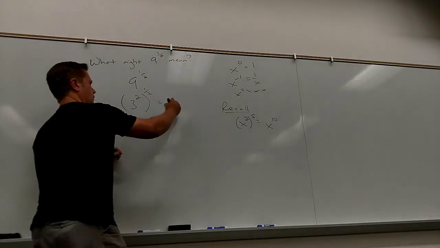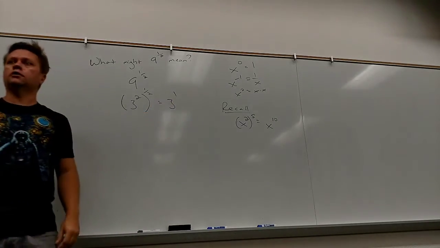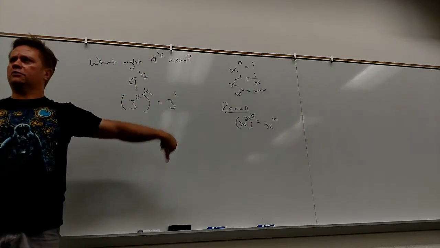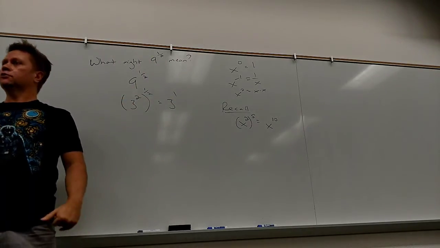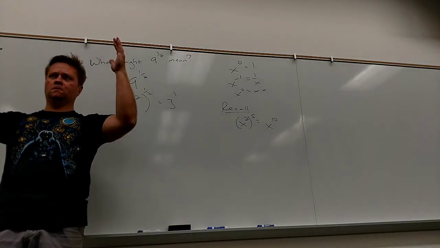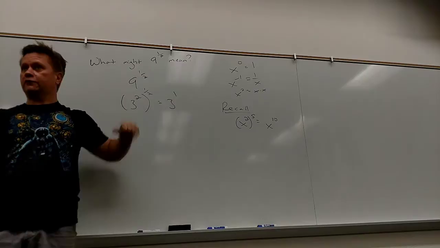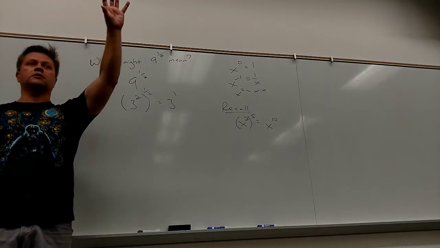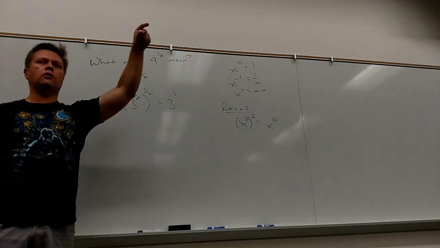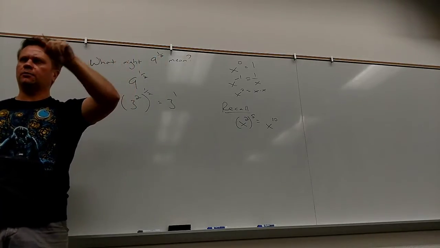Okay. 3 to the 1st power. So you just get 3. But what else do I do to 9 to make it become 3? Square root. And what's the square root really do to a number? It cuts it in half, multiplicatively. Exponents are based on multiplication. So it kind of makes sense that a 1/2 in the power means I want half of the number multiplicatively.